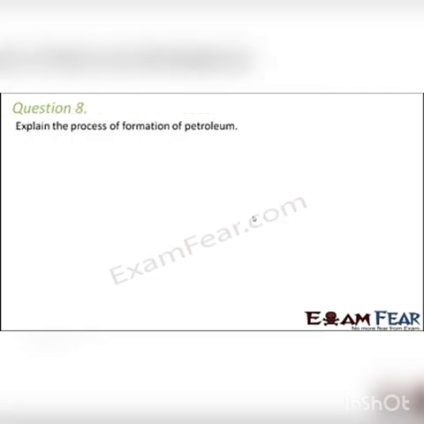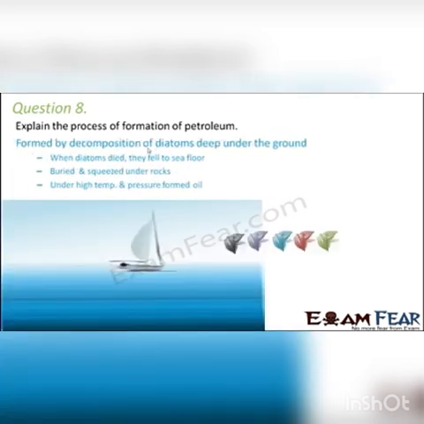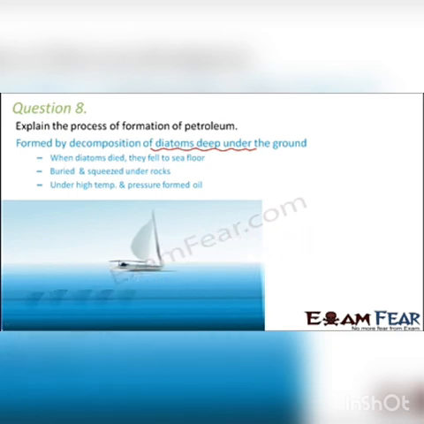Question number 8. Explain the process of formation of petroleum. So petroleum is formed from the living organisms which once lived in the oceans. Now these organisms were called diatoms. So when they died, they went down towards the floor of the sea. And then over a period of time, soil and rocks started getting deposited over those dead organisms.